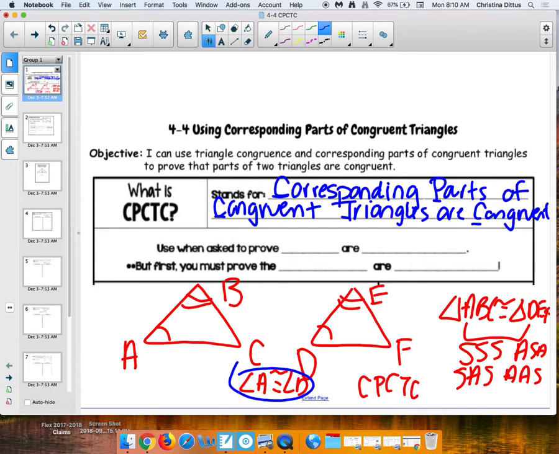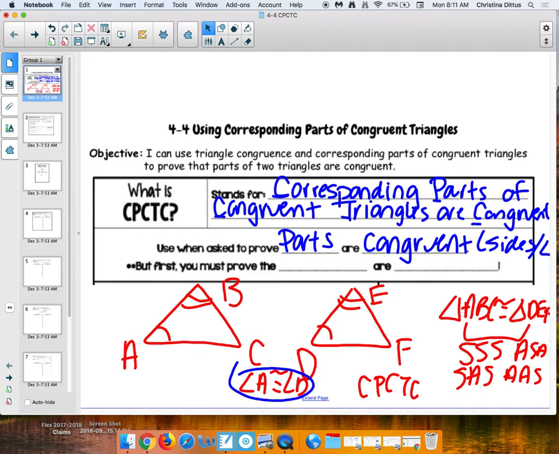Okay. So we use this when you're asked to prove that parts are congruent. What do I mean by parts? Those are our sides or angles. So when the proof says side congruent to side or angle congruent to angle, this is when you use this.